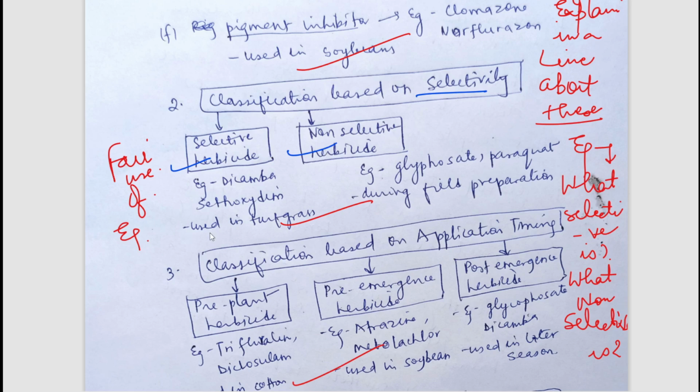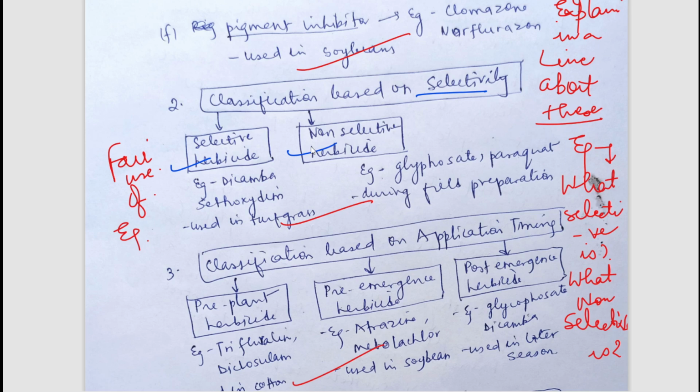It is good that you have used a good amount of examples, but you could have defined in a single line what selective is: that it kills selected plants or selected weeds. And what non-selective is: that it kills all the vegetation available in the field.